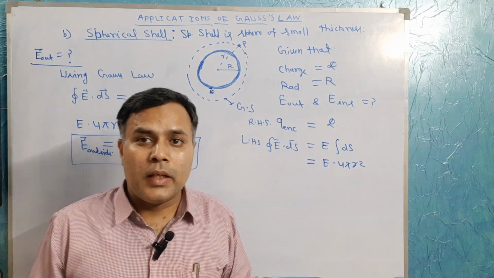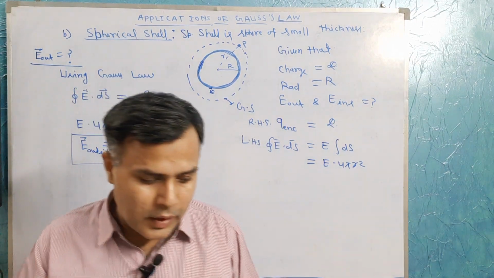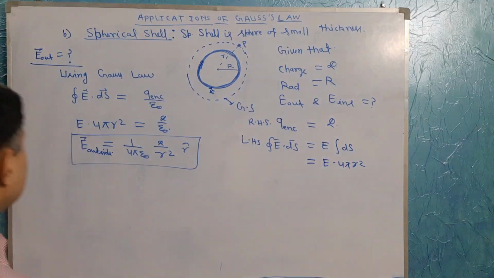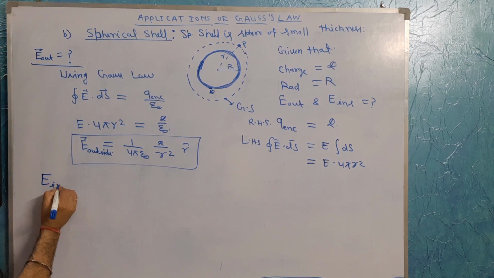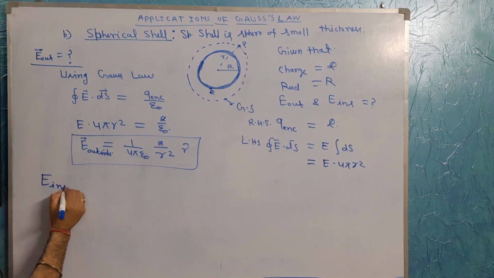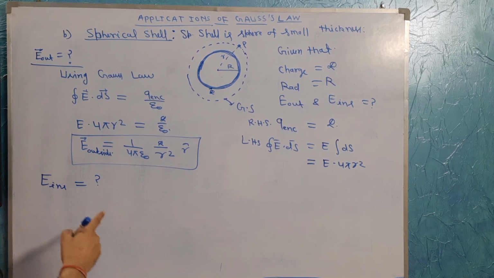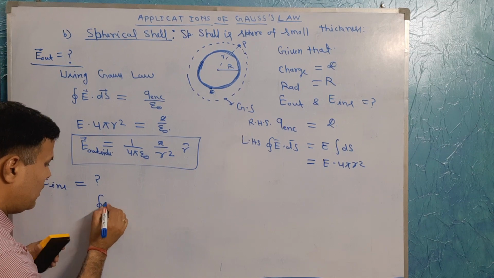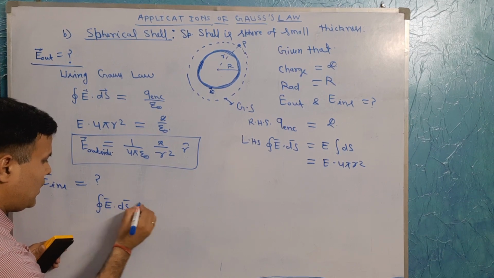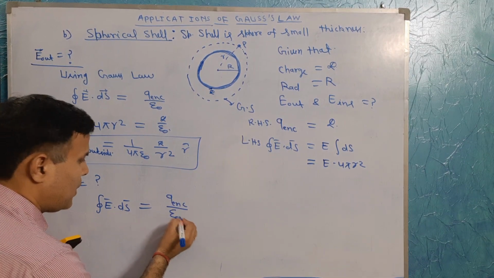Next we have the case: what is the electric field profile inside this spherical shell? Again applying Gauss law, closed integral E dot ds is the charge enclosed by epsilon 0.